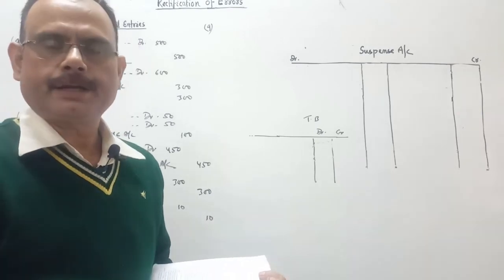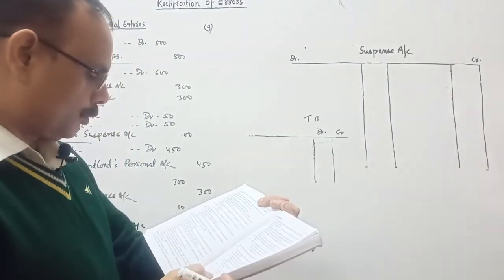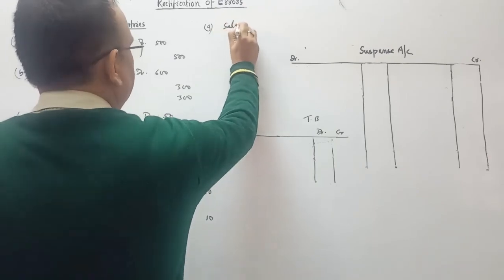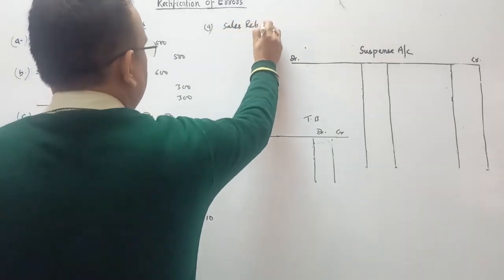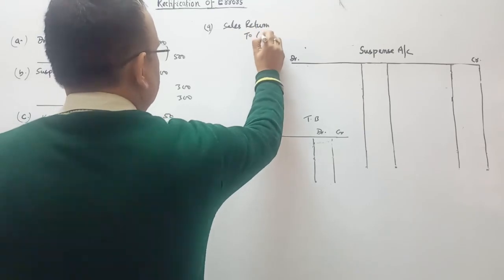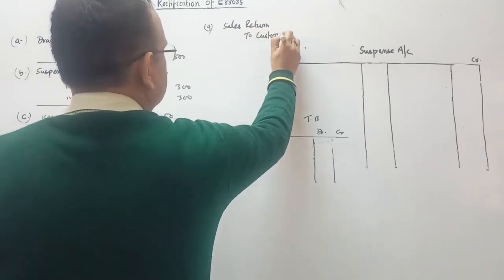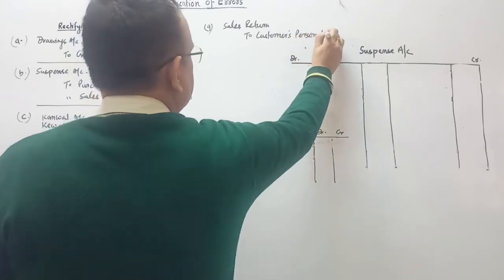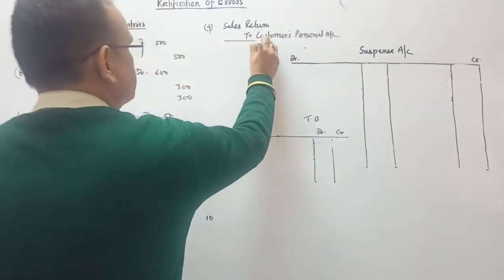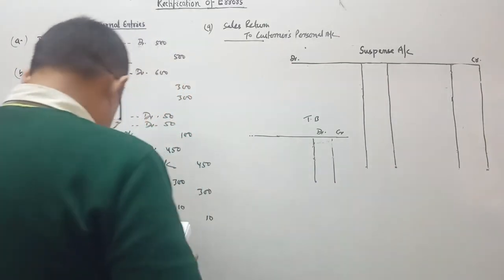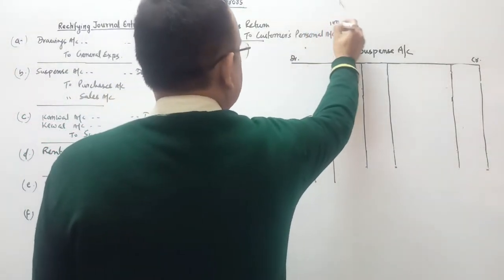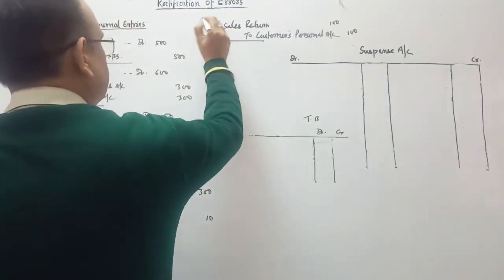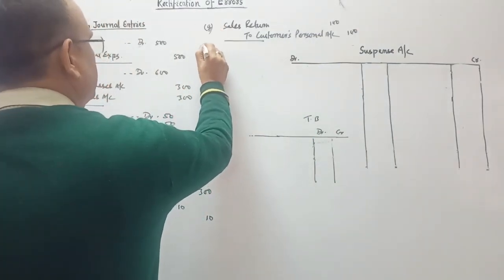So it's an error of complete omission. When goods are returned by a customer, you write the entry: sales return account debit to the customer's personal account. The amount is 100. This is the error of complete omission, point number G.